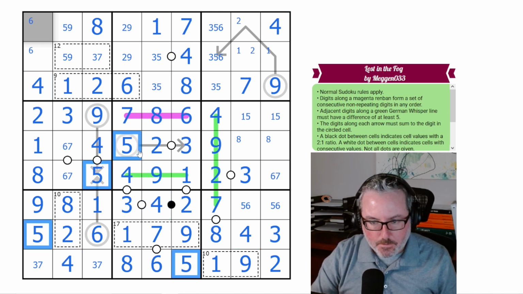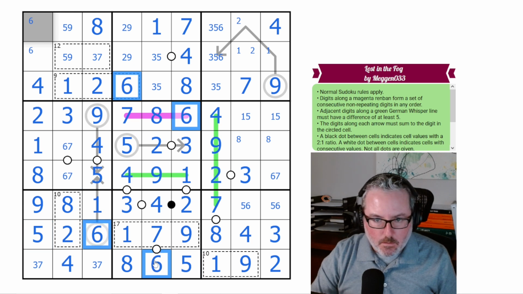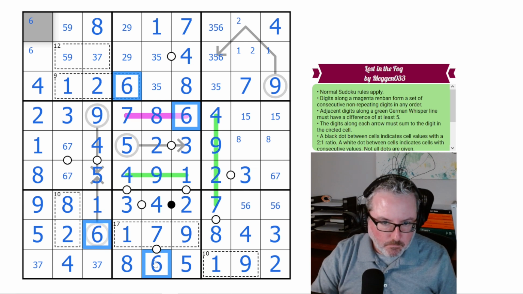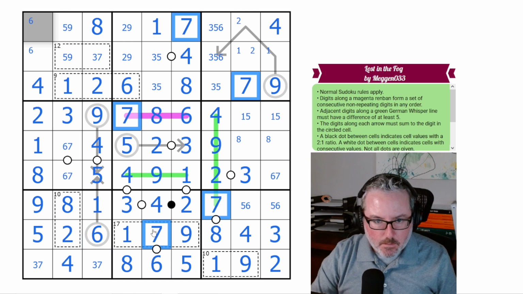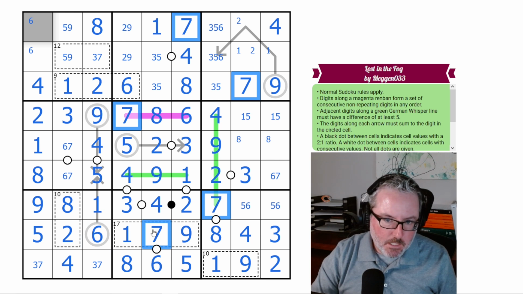And let's just see if our Sudoku will give us anything else to finish up with. And if not, then we will move on to our other clues that have shown themselves. Not seeing anything at the moment.